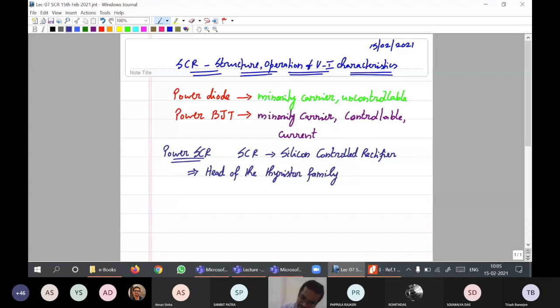Also called as thyristor. The device is a current controlled minority carrier power device.